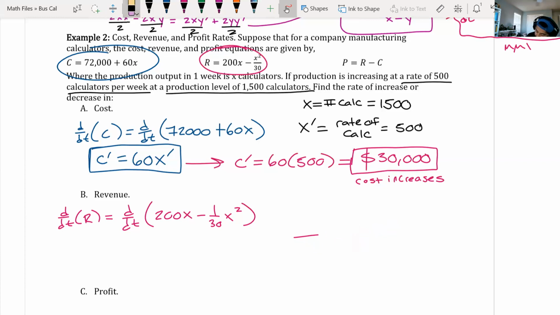All right, get rid of that. So now the implicit derivative of R is R prime. The implicit derivative with respect to time of 200x is 200x prime minus 1 over 30 times the implicit derivative of x squared, 2x, x prime.